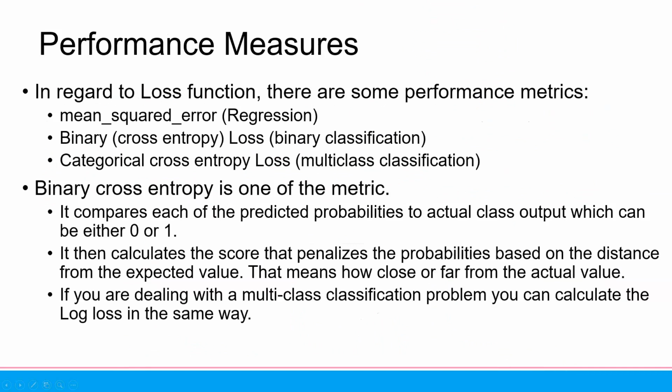If we look at the loss function, there are some performance metrics. If it is about regression, you already know the mean square error. So we have the prediction y_i minus the actual y_i.